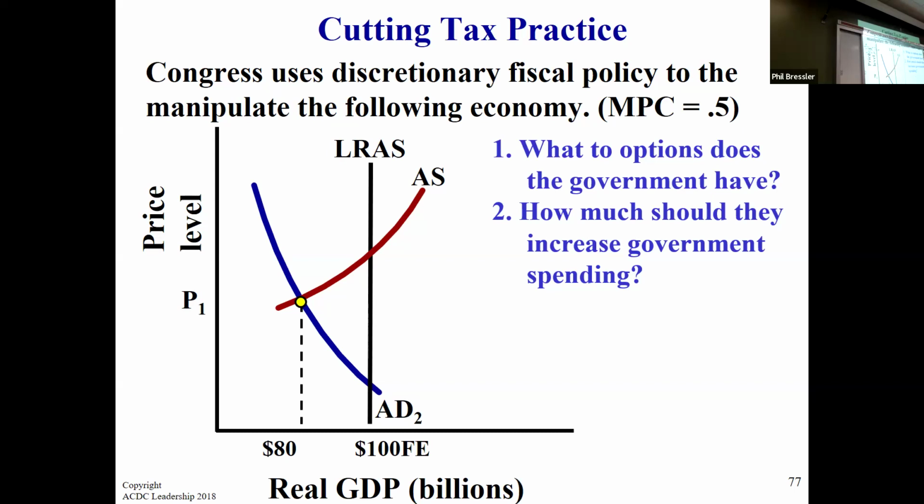Now, we just figured out how much we had to do for government spending. Now I want to know how much we have to change, increase or decrease taxes, to fix the gap.